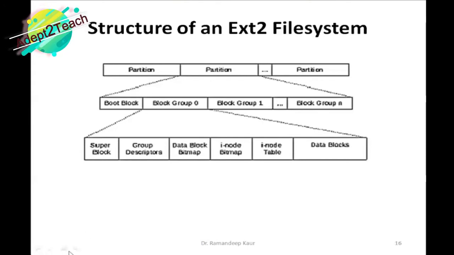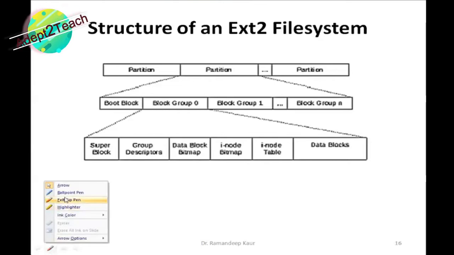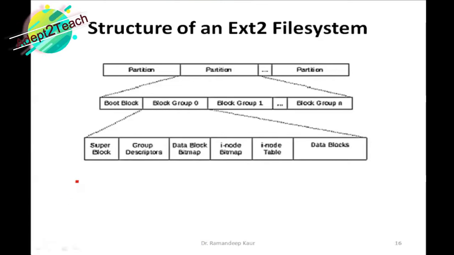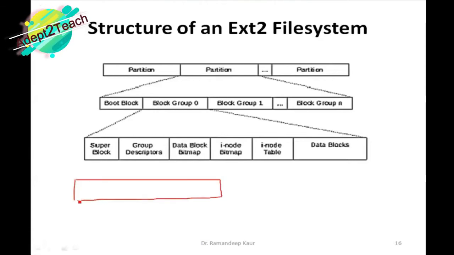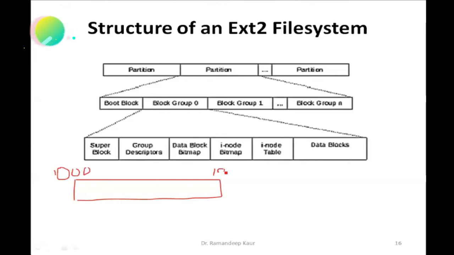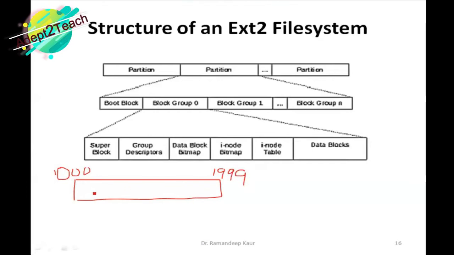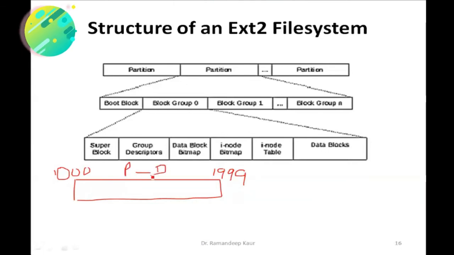So when we say block groups, we will think about our D partition, which let's say starts from 1000 and goes up to 1999. That means 1000 blocks. Now let's say this is my D partition.